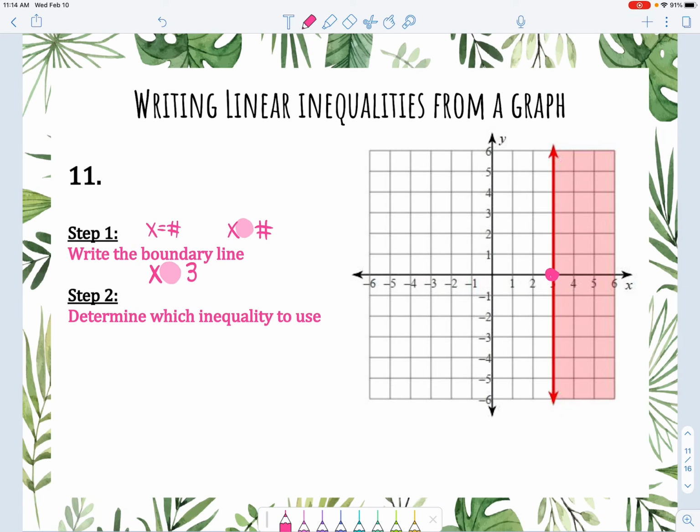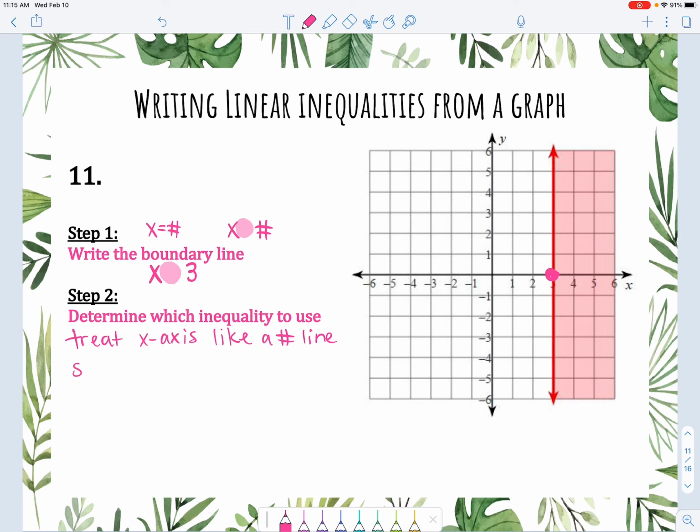Here's how you determine what type of symbol to use when your line is vertical. You can look at the x-axis as if it's a number line. So treat the x-axis like a number line, and think about how we used to graph inequalities in chapter 3 when it was just a number line.